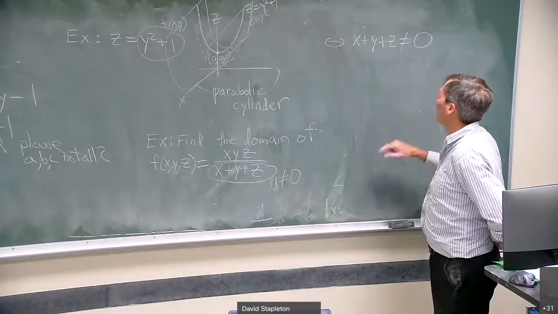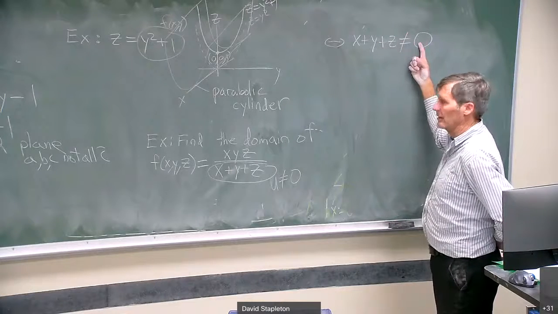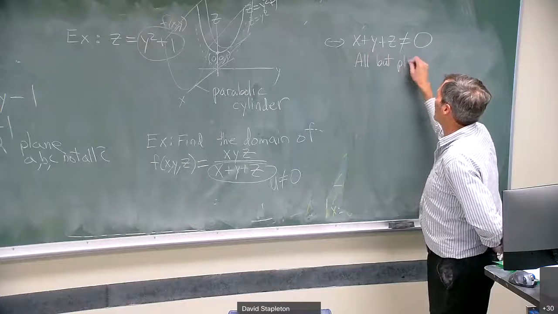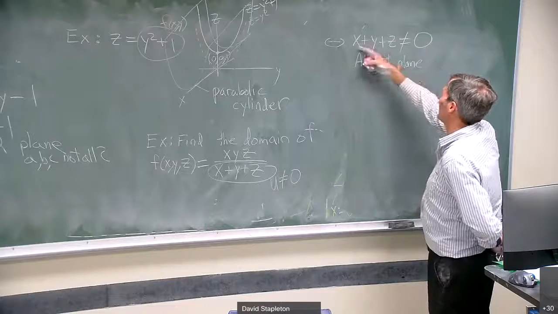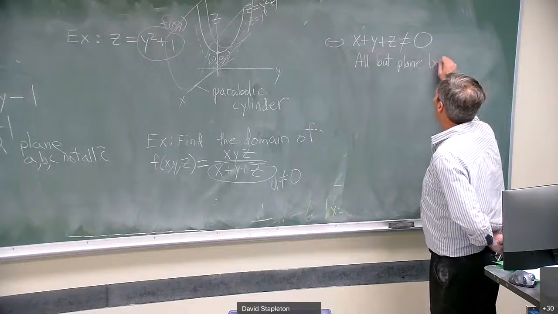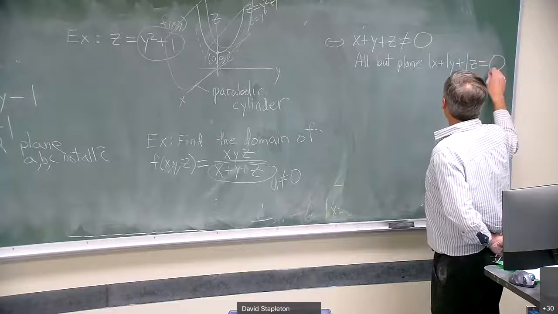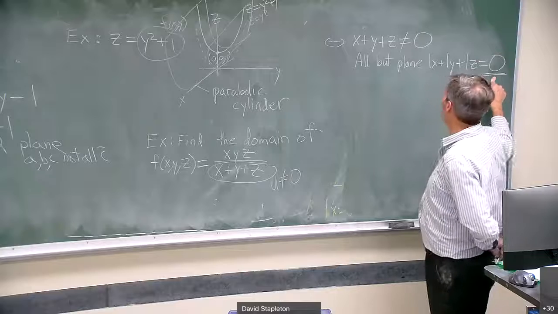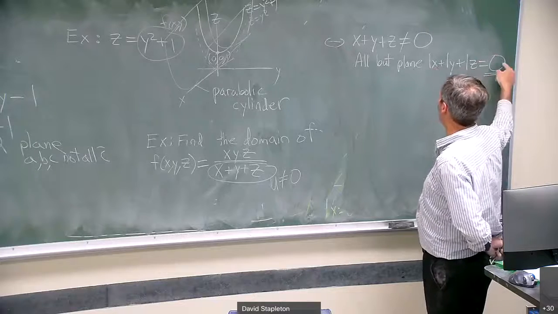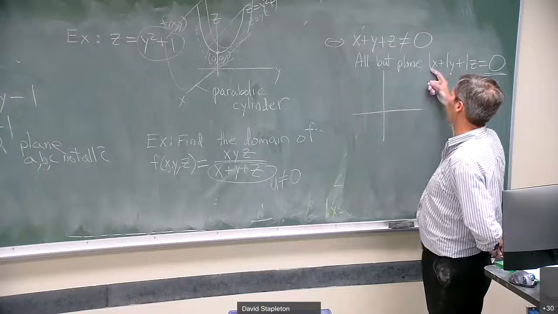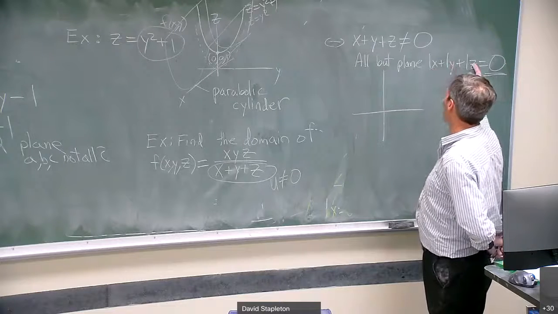If it was equal to 0, it would be a plane. So we have all but the plane 1x plus 1y plus 1z equals 0. When the right side's 0, it's a plane through the origin, right? Because (0, 0, 0) is a solution. So it's a plane through the origin, and we're going to find out this semester that it is actually perpendicular to the vector with components 1, 1, 1.